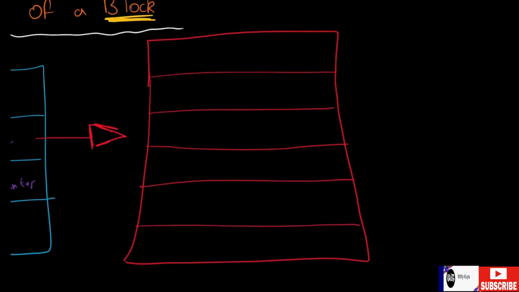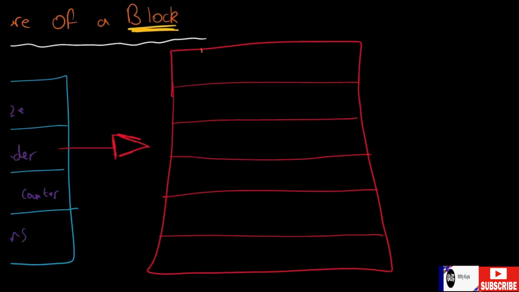So the first field is the version, and the version is just essentially a number to track the software protocol upgrades. Next we have the previous block hash, and this is just a hash of the entire previous block.